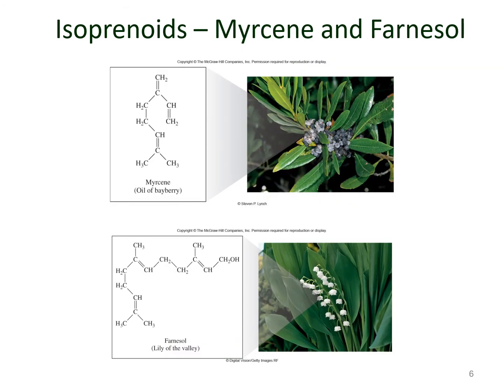More examples of isoprenoids found in nature: another one is myrcene, which is found in the oil of bayberry, and this is the bayberry plant shown in the diagram. And another one which is particularly important is farnesol, found in the lily of the valley, and on the right is the diagram of the lily of the valley plant, from which we can extract this farnesol isoprenoid.